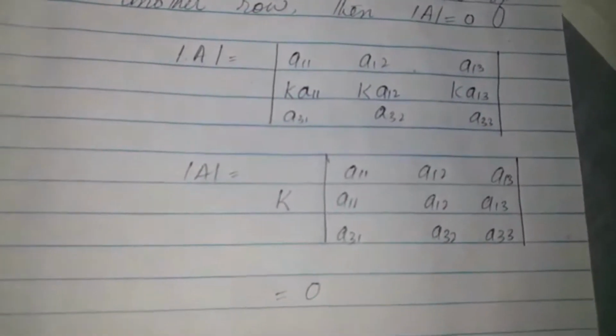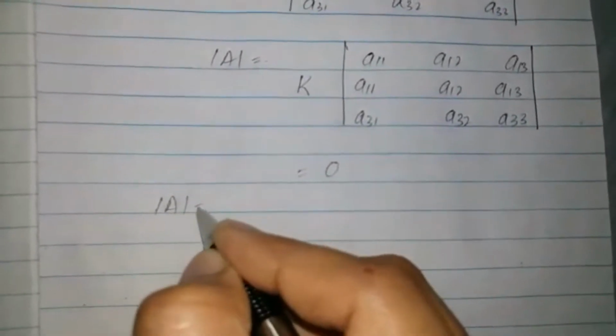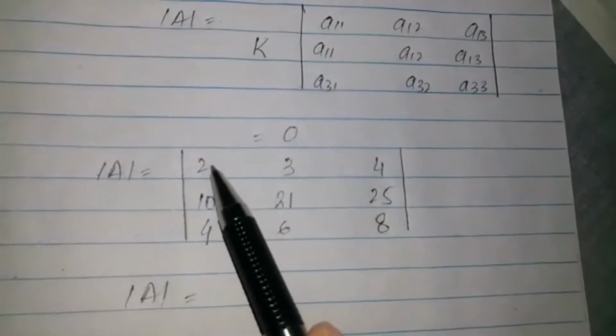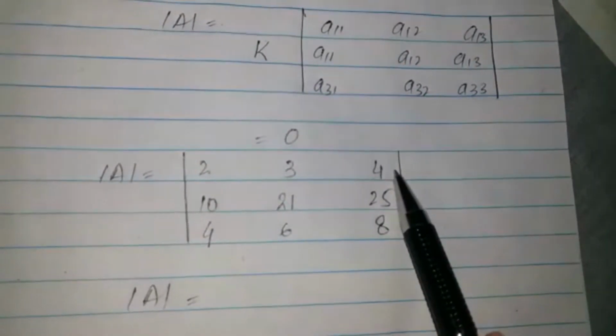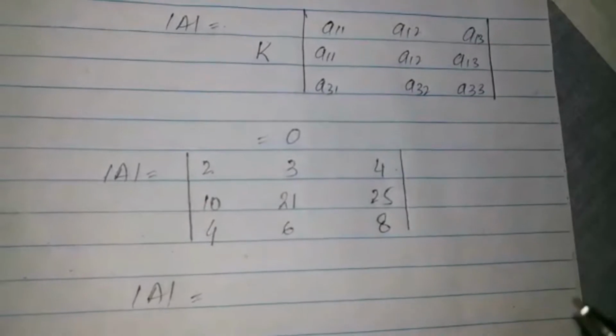Now I will explain with the help of a numerical example. Let's suppose this is the determinant, and we can observe that the elements are 2, 3, 4, 10, 21 and 25. There is no particular relationship between R1 and R2.